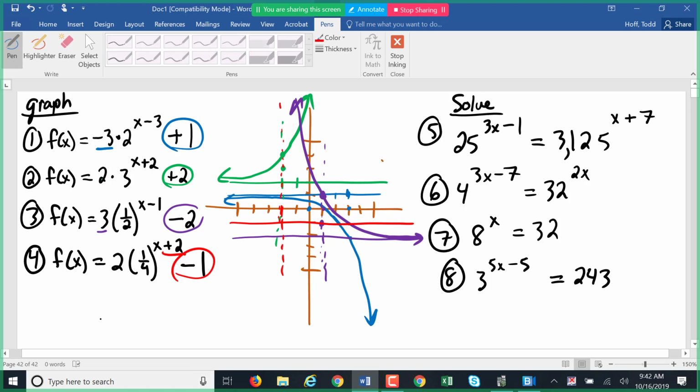The 2, instead of going through 1 unit above the horizontal asymptote, means we go through 2 units above the horizontal asymptote. The 1/4, of course, means it is curving down instead of up. It's going to look something like that in red there.